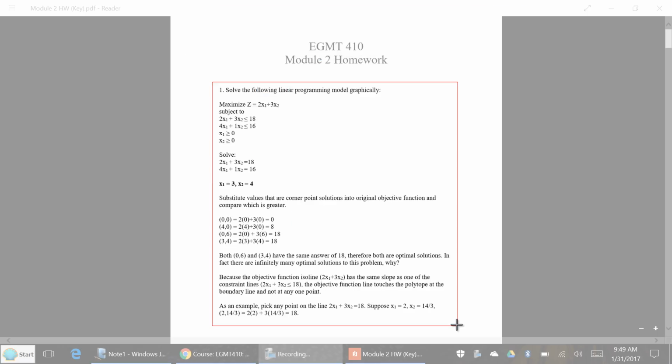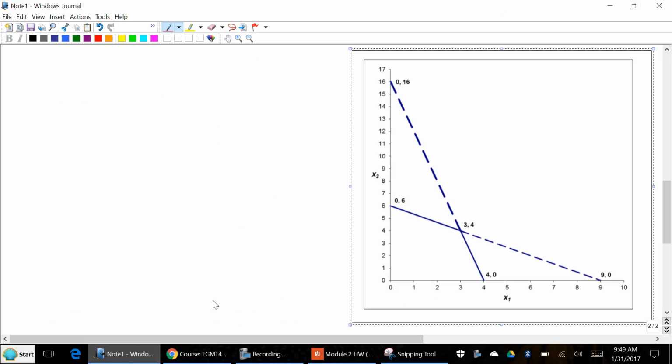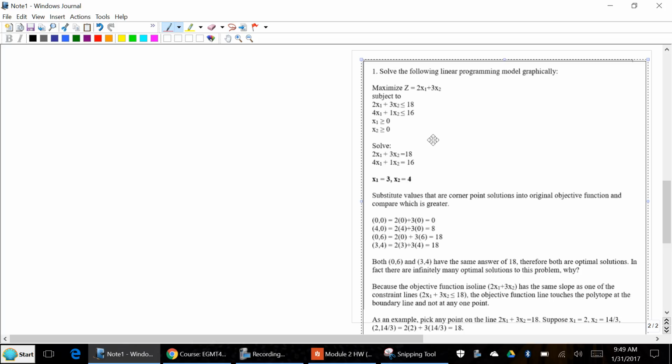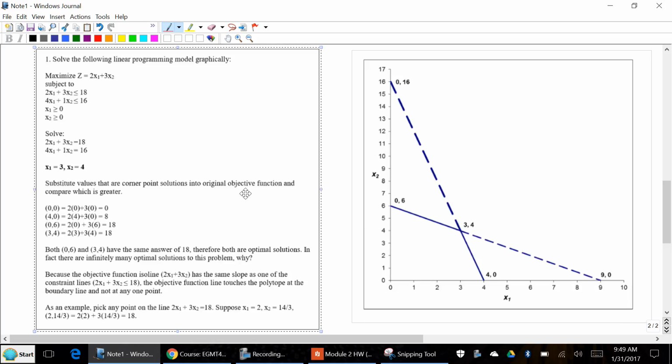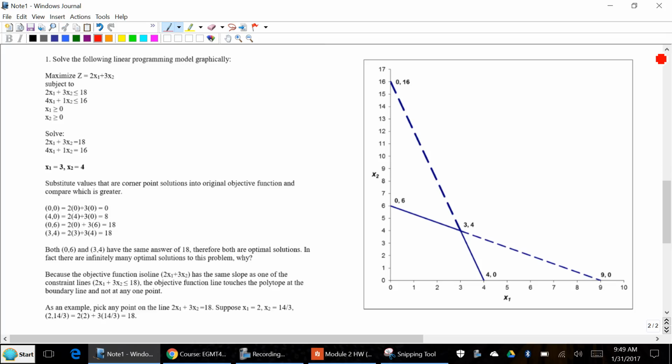Probably the easiest thing to do. Okay. So now we have to determine these four corner points. Well, this guy right here is easy to figure out. What are the coordinates? It's going to be 0, 0, right?